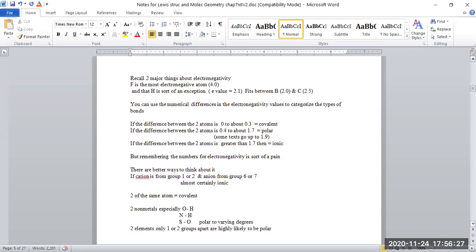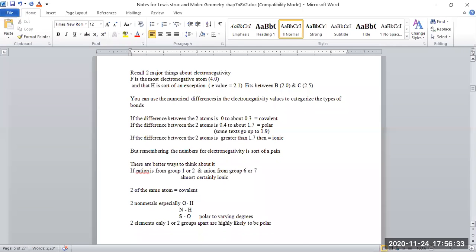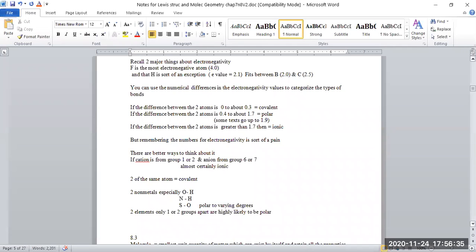Then it works better if you just look at the where. So here are some generalizations which are really helpful.